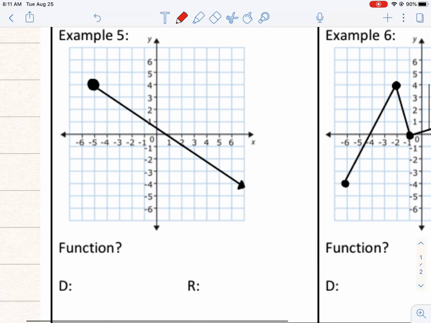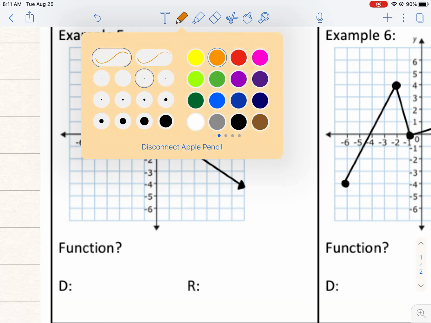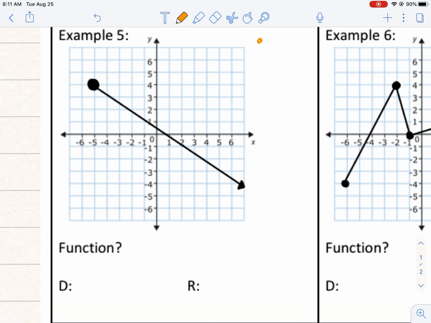So let's look at example number 5 to start. Just as a general reminder, if you have a closed dot, that is when you're using brackets. When you have an open circle, that's when you're using parentheses. And anytime you have arrows as well, those are also going to be parentheses.